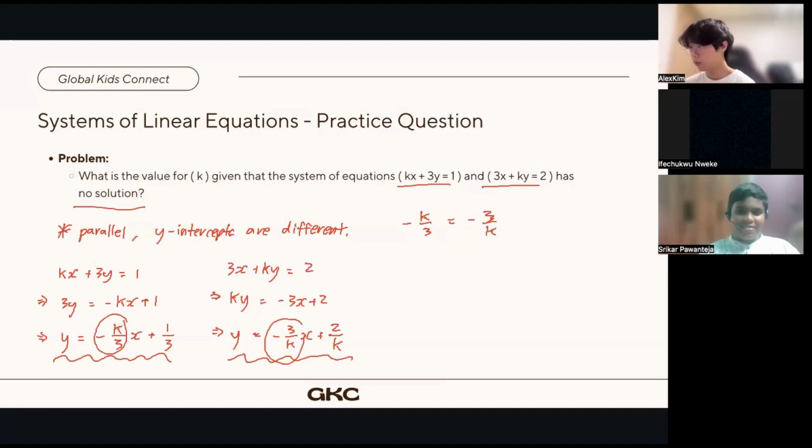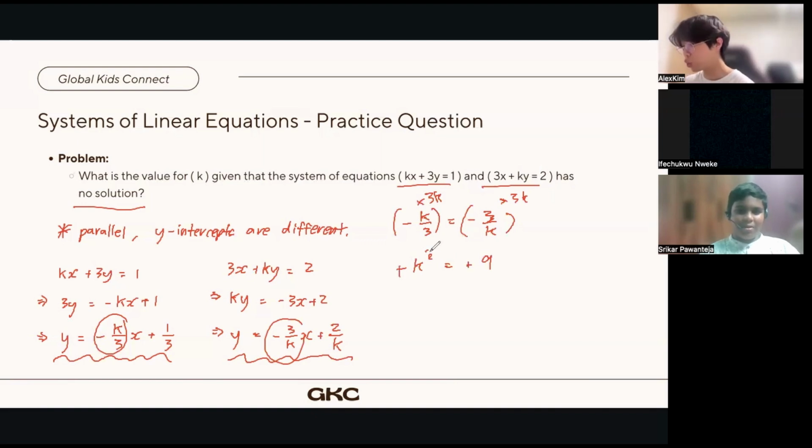For simplicity, we multiply each side by 3k. So on the left side we get negative k squared, and on the right side we'll have negative 9. And because they're both negative, we can get rid of the negative sign so that they're both positive.